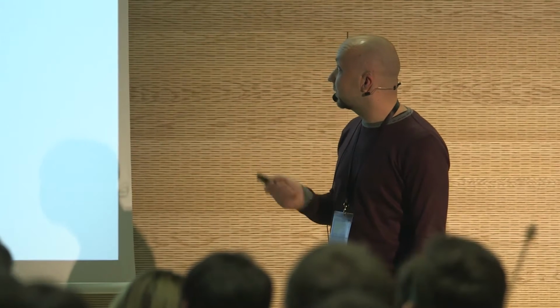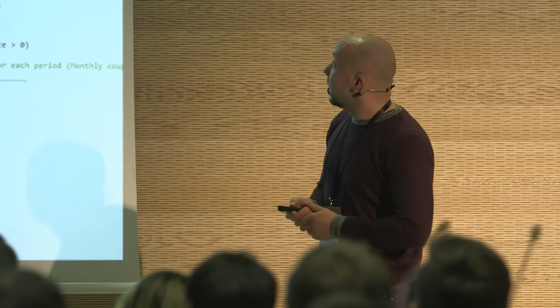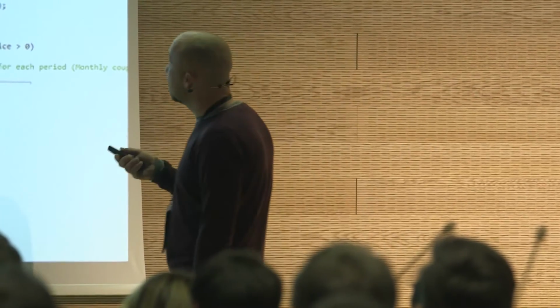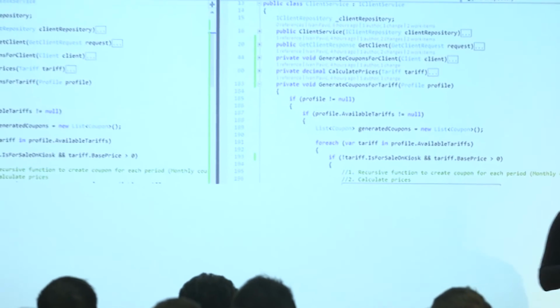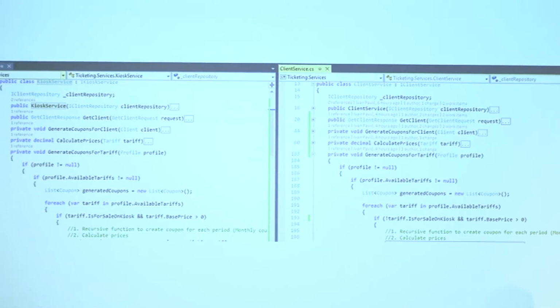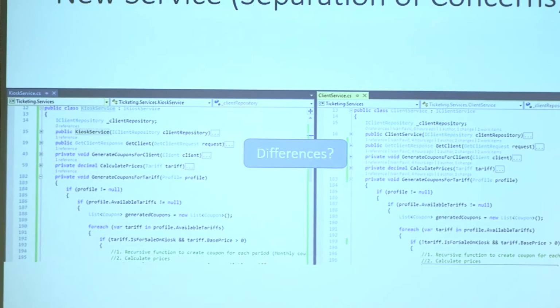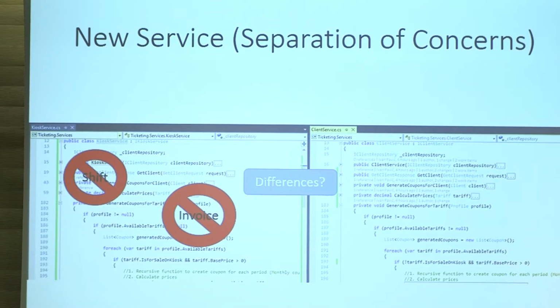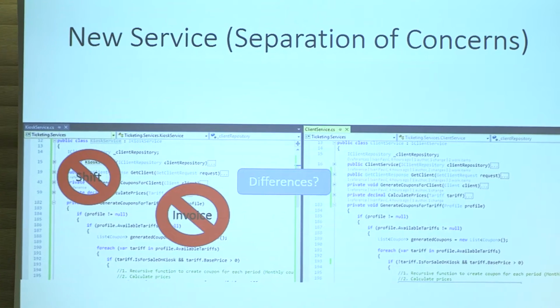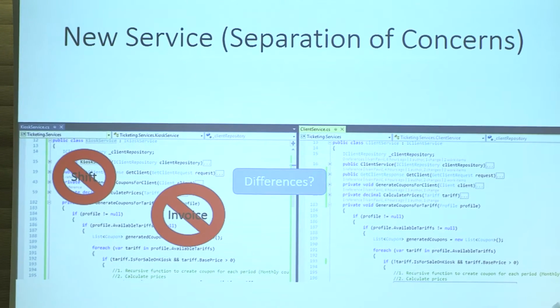We add a new property, of course, with public getters and setters in the tariff class, and we come up with a new service that is now called the kiosk service. Mainly, these two services are more or less the same. What are the differences? Kiosk service doesn't have shift, it doesn't have invoice.